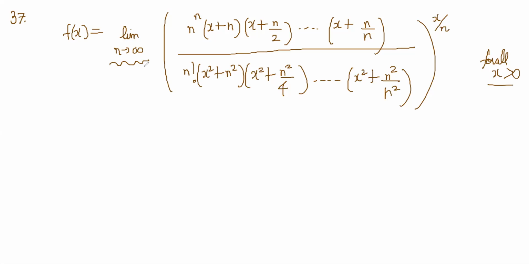Limit n tends to infinity. So n power n, and this is there, n factorial. So you will get an n power n. I will take it down.